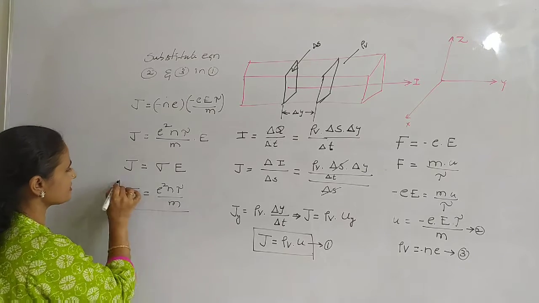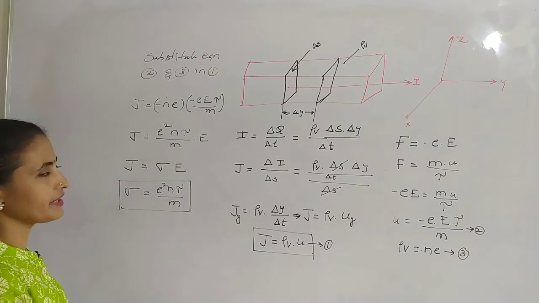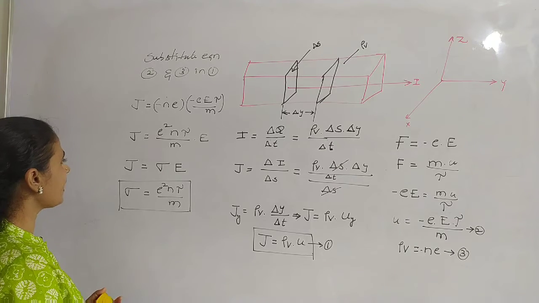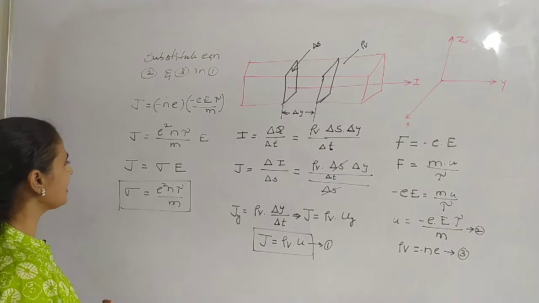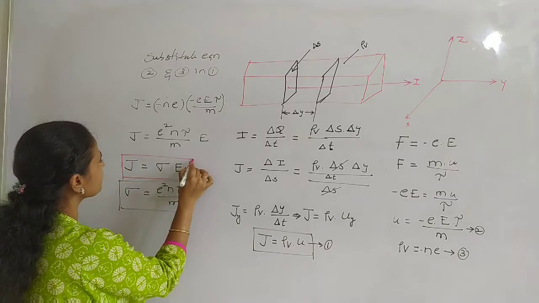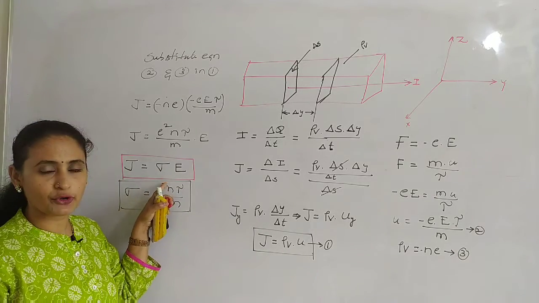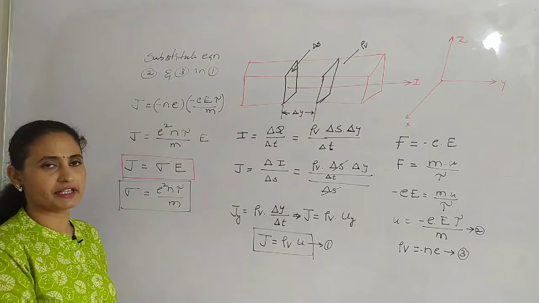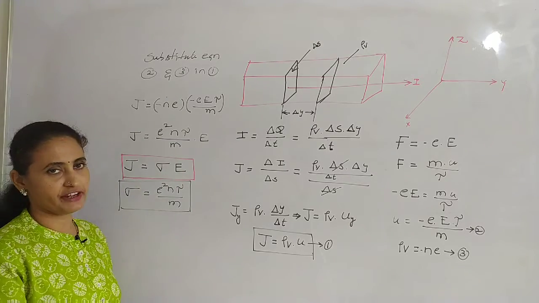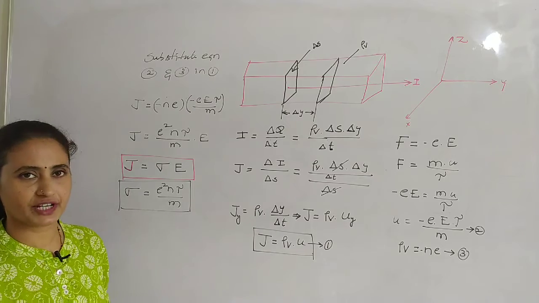Sigma is the conductivity of the material. We got the current density J as sigma into E, the product of the conductivity of the material with the electric field.